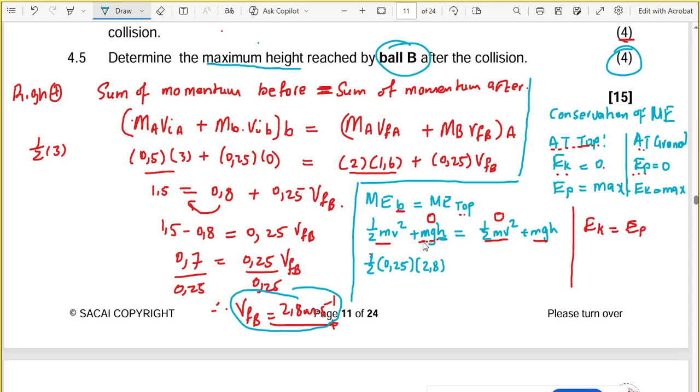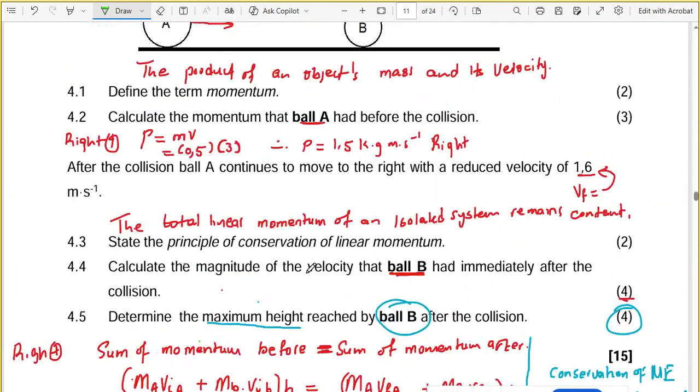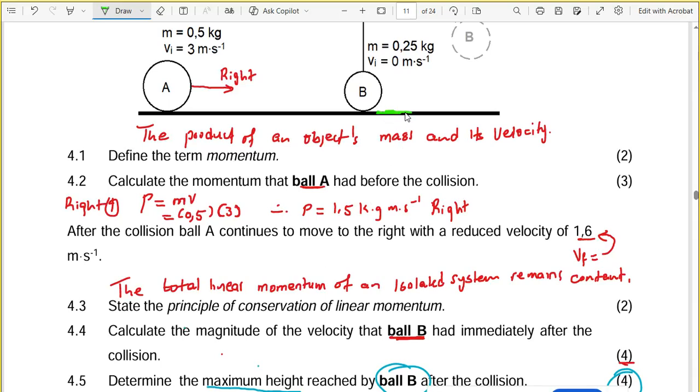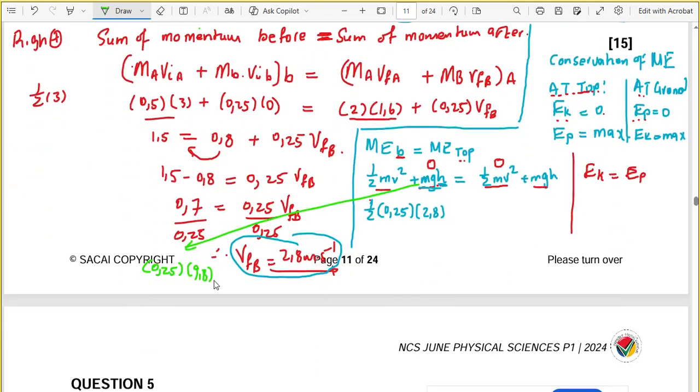In an exam, I expect you to substitute the mass 0.25 times the gravity of 9.8 and the height at the bottom, which is 0. Since the height is 0, this is multiplied by 0, which makes everything 0. So that's why we substitute 0 there.